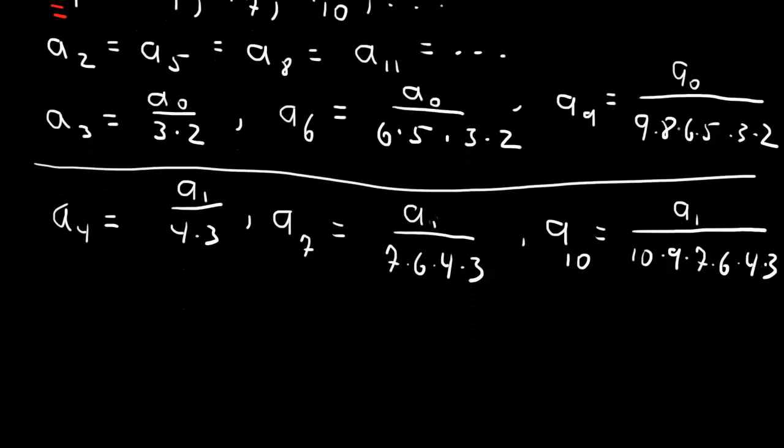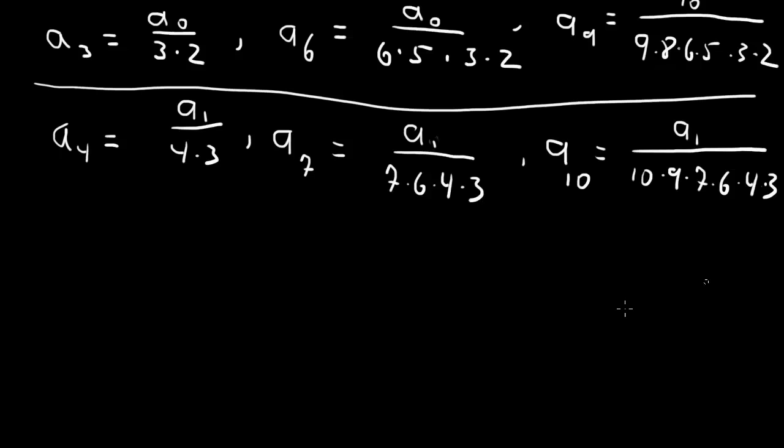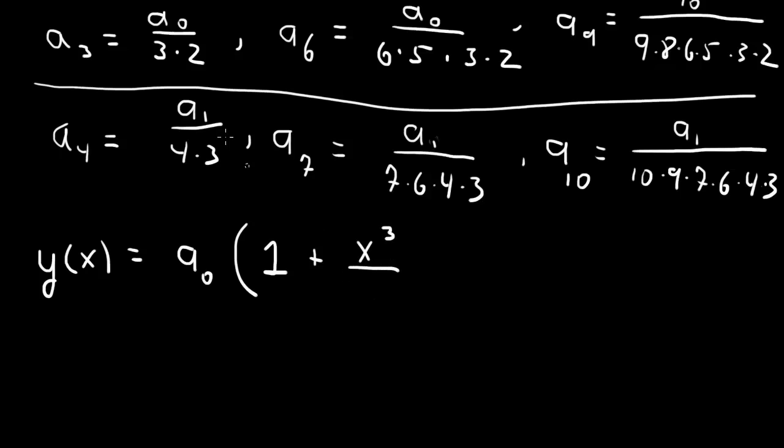So now we should be able to write the final solution. We get y of x. The first series will start with a0, and the a0 has the leading term x to the 0, which is 1. And then we have a3, so plus x cubed, with a0 factored out, over 3 times 2.